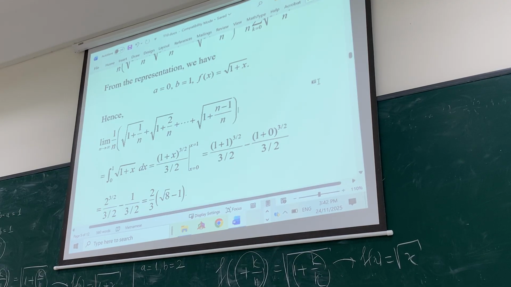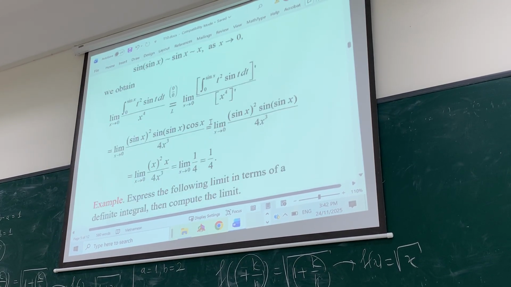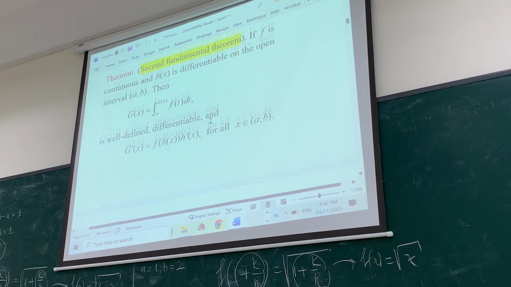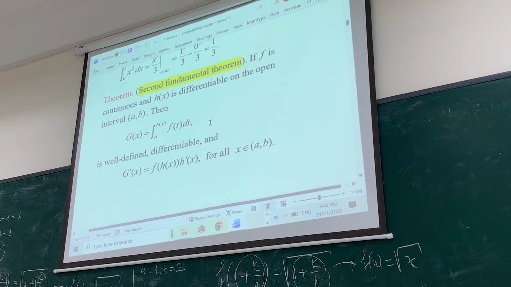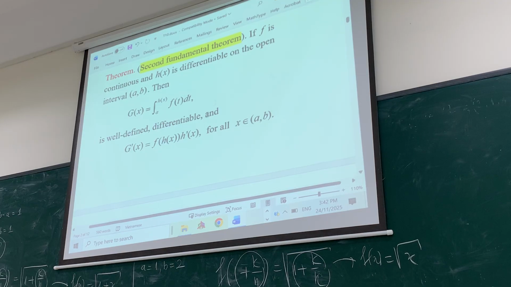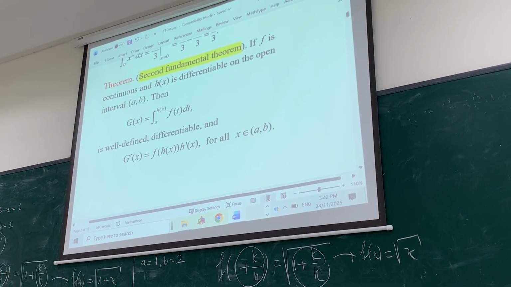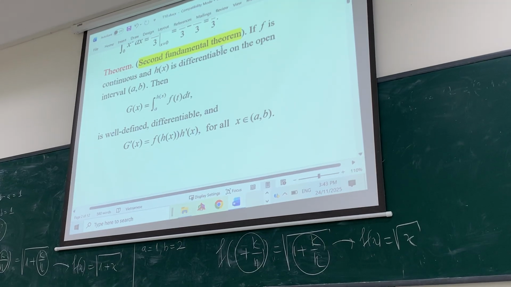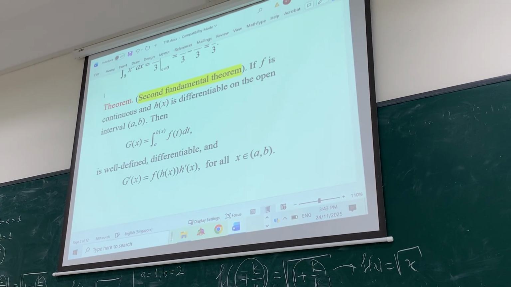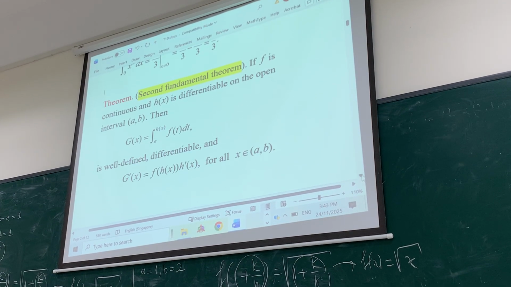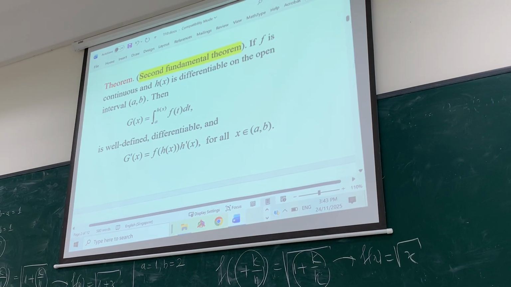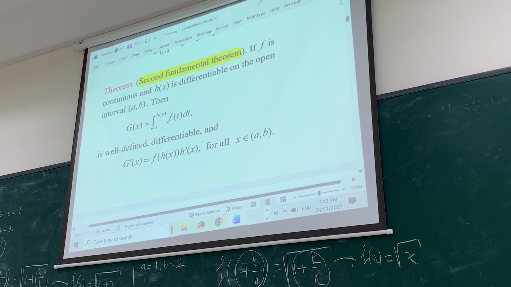Now continue with the second fundamental theorem. Let's see the content of this theorem.